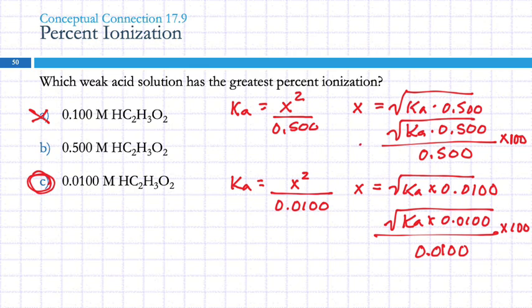So that was just kind of a mess. Here we have the square root of Ka times 0.5 divided by 0.5. So that's the same as Ka divided by 0.5. And here we get Ka divided by 0.0100.